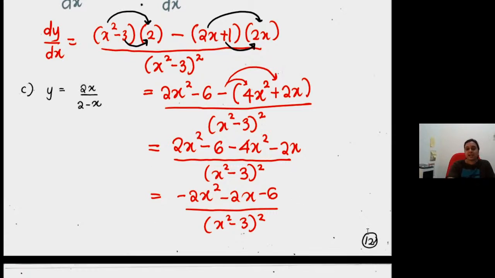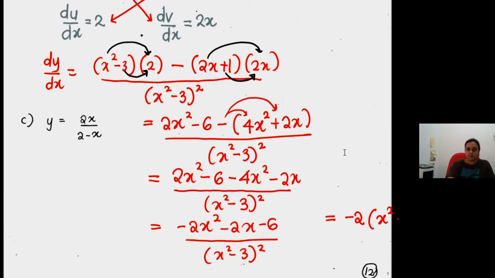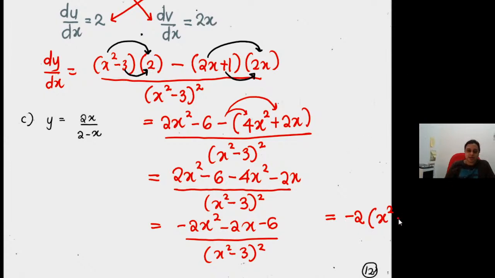If you factor out, it will become like this: negative 2, x squared plus x plus 3.